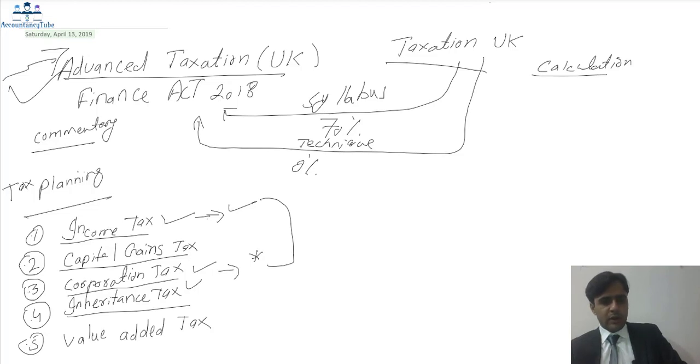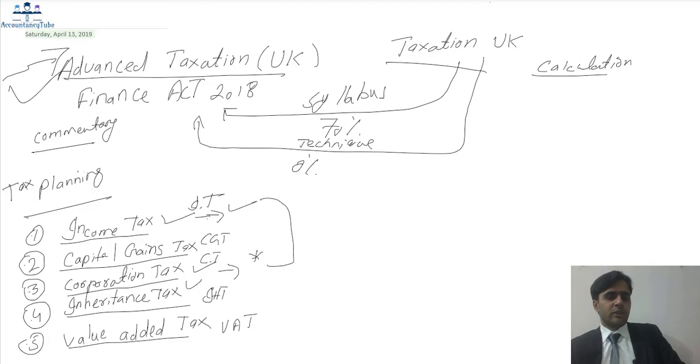Okay, so that's our last area, value added tax. It is also known as VAT. Inheritance tax is also known as IHT. Corporation tax is known as CT. CGT is capital gains tax, and IT is income tax.